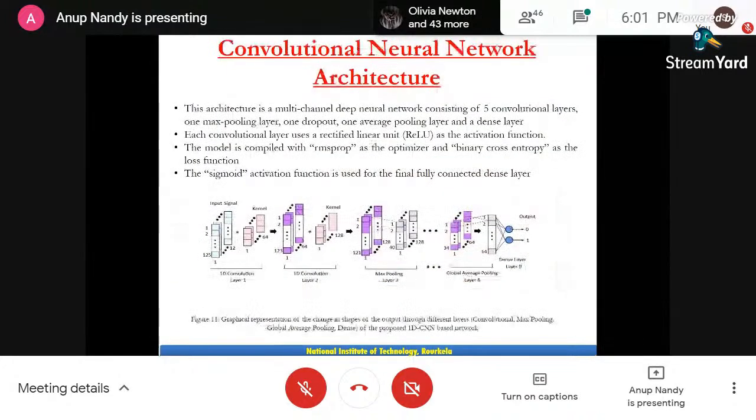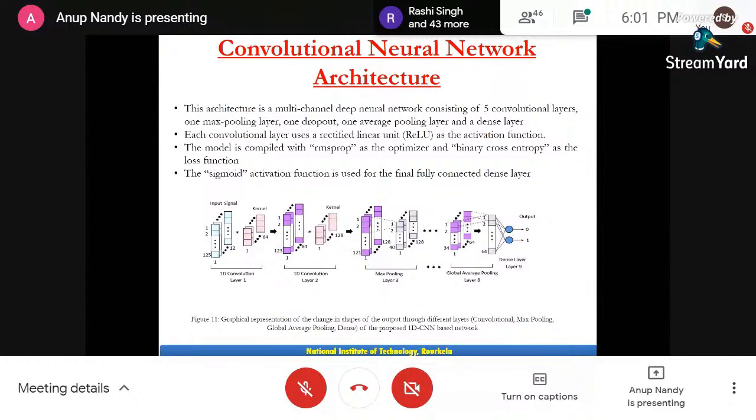Hello everyone. I'm not playing it, since it is already there. This board has been extended with the concept of a convolutional neural network. This is the architecture that we have developed, and this work has been published in the Biomedical Signal Processing and Control journal. The architecture is a multi-channel deep neural network consisting of convolution layers, one max pooling layer, one dropout layer, and one average pooling layer.